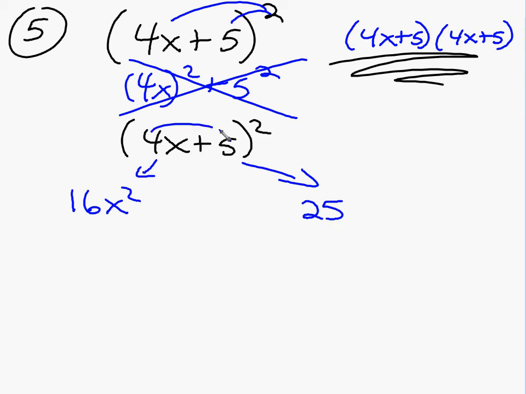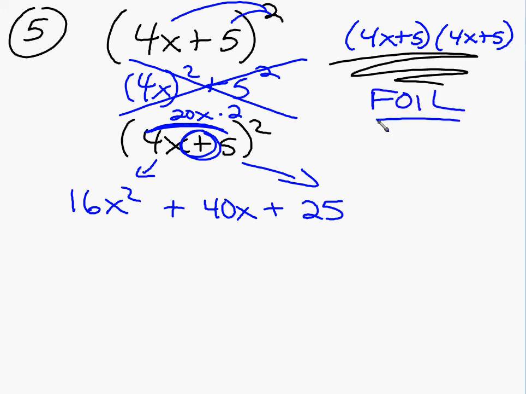Then multiply these two together, which is 20x, and then always double it. So times 2, this middle term becomes 40x. If this is a plus, this is a plus. All right? And so what we did was we basically did FOIL, but we eliminated the step where we had to combine like terms.